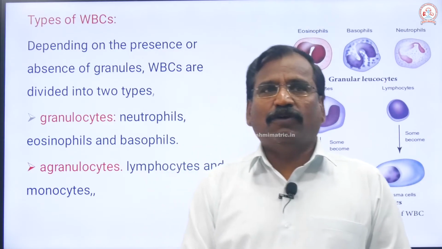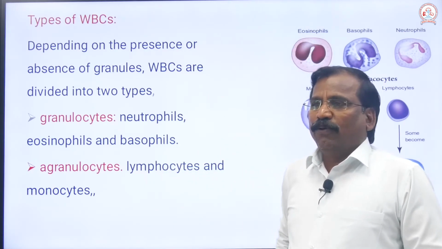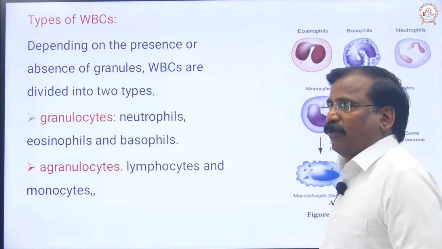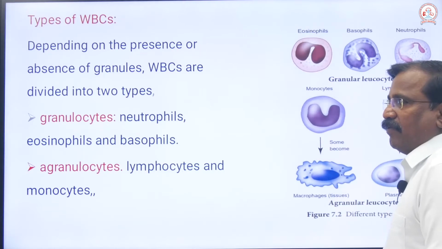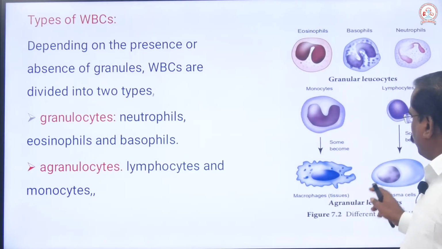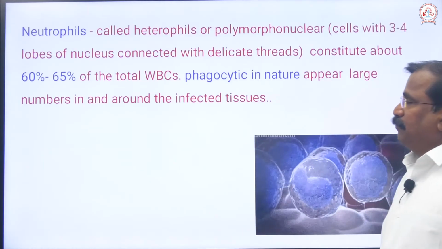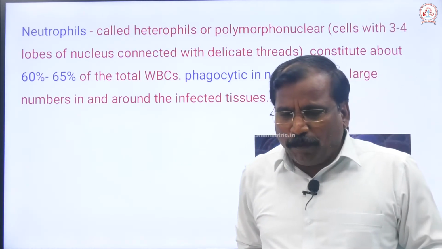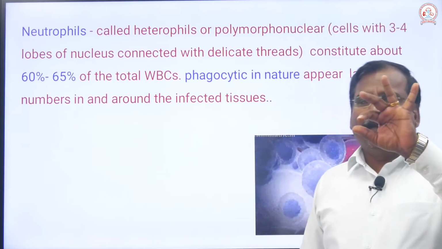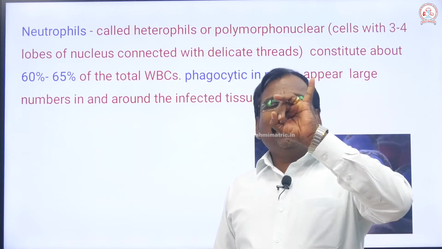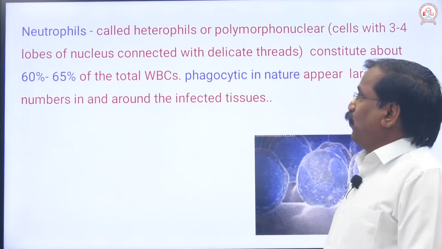Next, we are going to discuss one by one in detail. In granulocytes, nib: neutrophils, eosinophil and basophil. First one is the neutrophils.